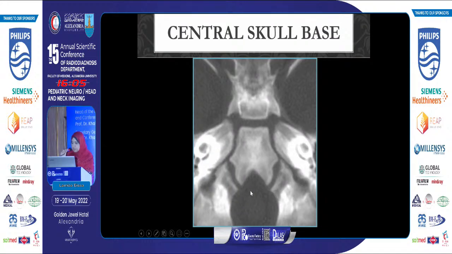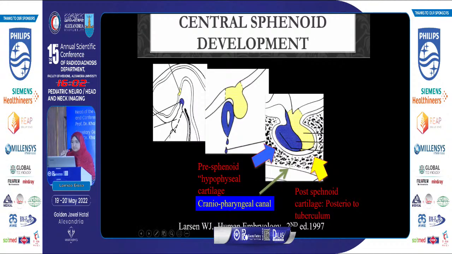They develop and fuse together once the pituitary gland is fully developed. This canal is called the craniopharyngeal canal, and it is usually obliterated. So any developmental anomalies of the pituitary gland are strongly linked to abnormalities of development of the cartilage.